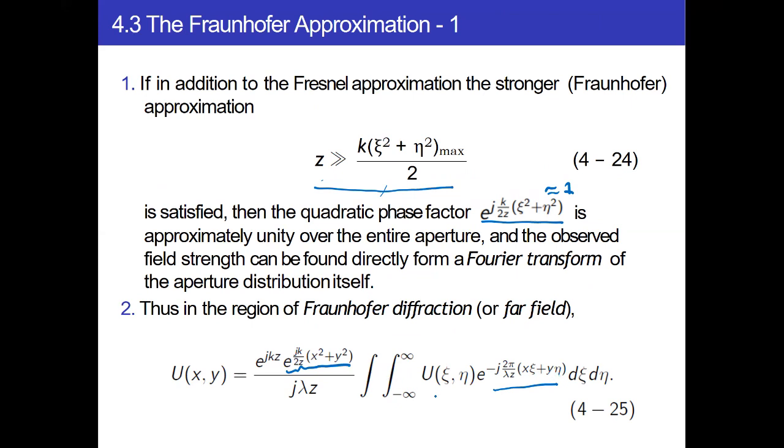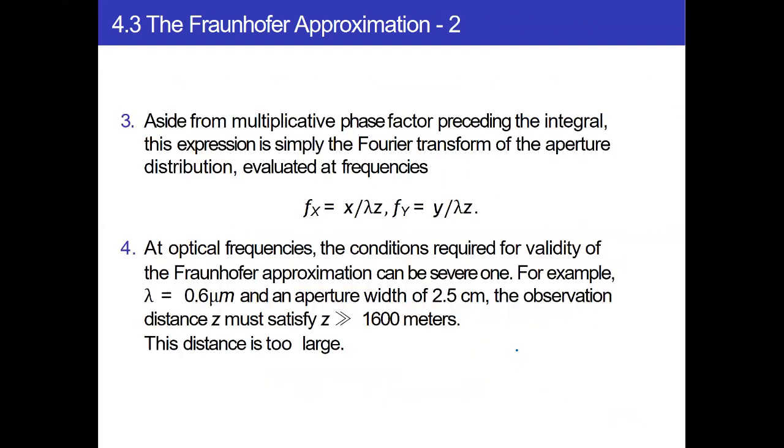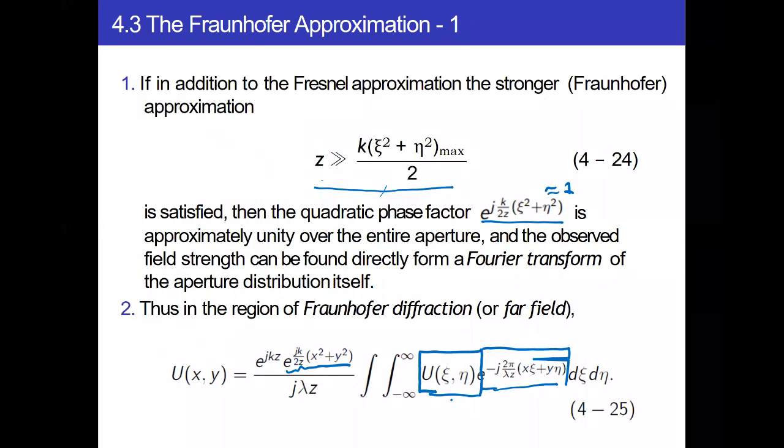And this is nothing but, if you look at it, the field at the aperture plane, and this is nothing but a Fourier transform with a phase factor, okay? So what is important is that we get a Fourier transform. The Fourier transform is of our field.